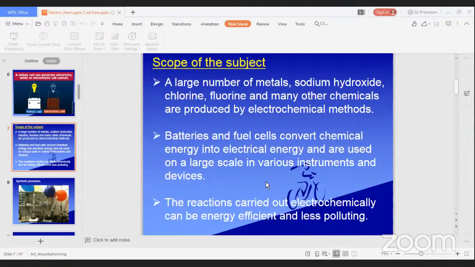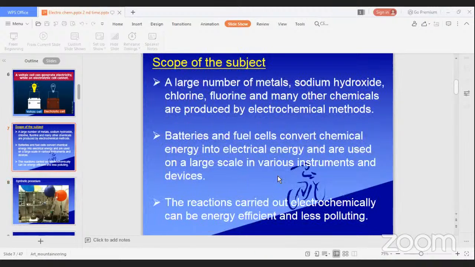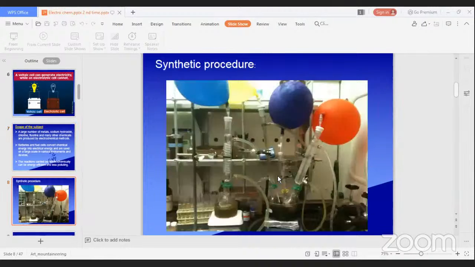In the synthetic way we use more energy, 200 to 300 degrees centigrade, and organic solvents, so it is not environmentally benign. Electrochemistry is less polluting and environmentally benign. That's why it is the best way to carry out electrochemical as well as electrolytic reactions.